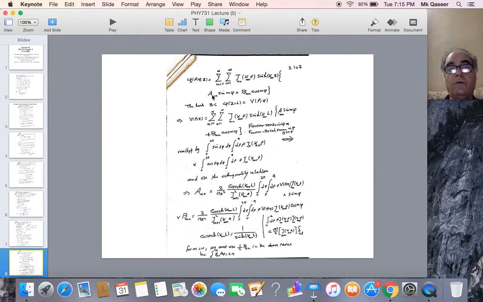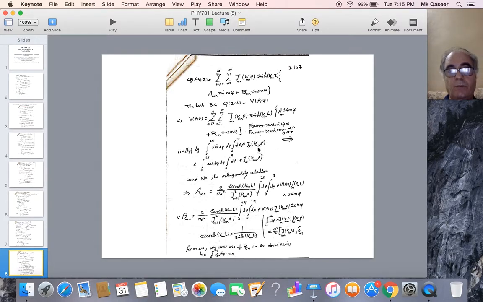Now, in order to find these constants, we have to apply this boundary condition. Doing so, V of rho phi at z equal l, we get this term times hyperbolic sine k_mn times l, times the combination of sine and cosine. This is called Fourier series and Fourier-Bessel series.